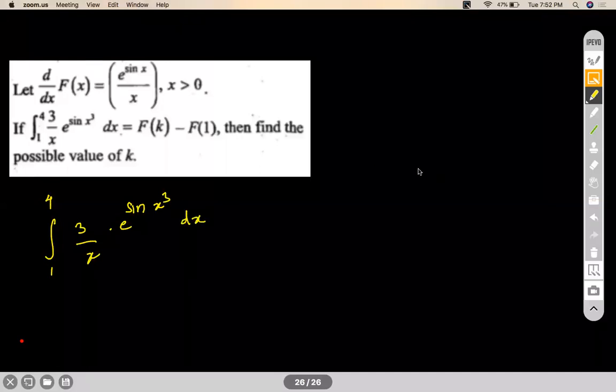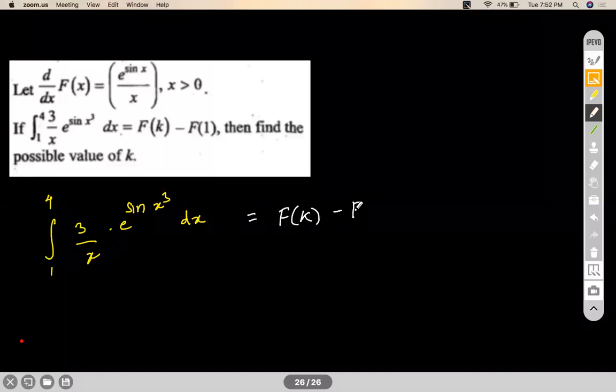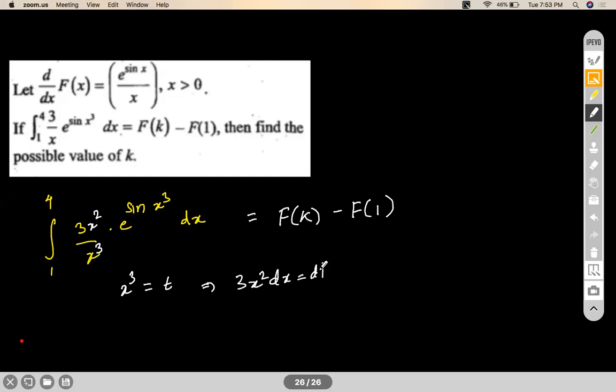Actually, this is based on your substitution only, since somebody raised a problem. That's why I thought I would do a question on this. So I need to evaluate this. Now, if you multiply this with an x square and take x cube as a t, then you realize that 3x squared dx will become a dt. So this will become integral from 1 to 64 of e to the power sine t by t dt. Correct?